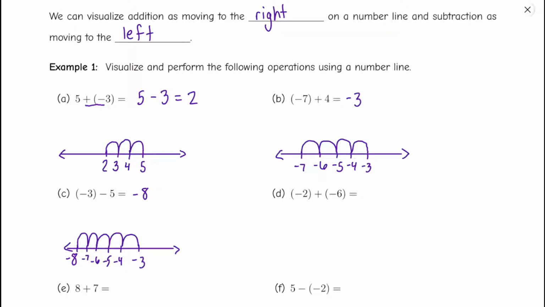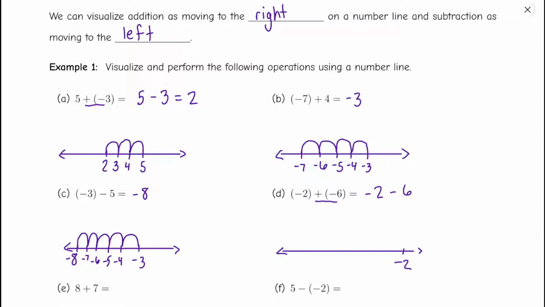D, -2 plus -6. Well, we have the double operations again, so plus a negative is the same thing as minus. So this will be -2 minus 6. So go to the number line. Start at -2.